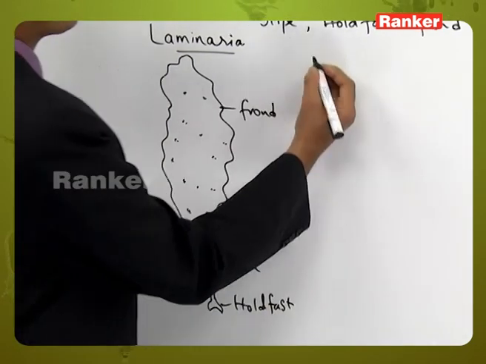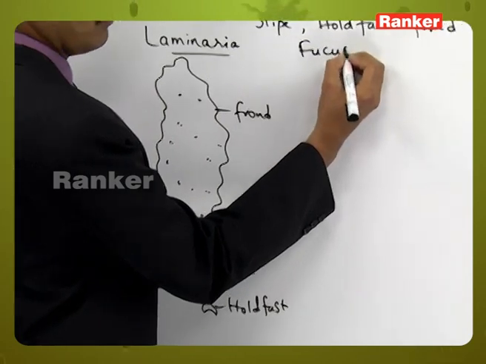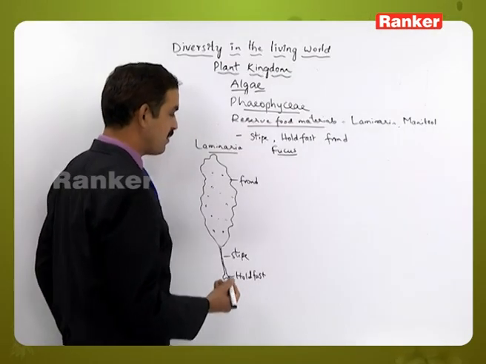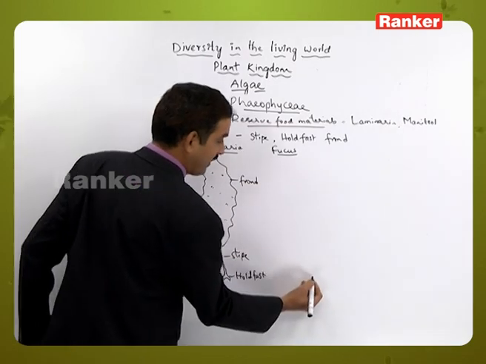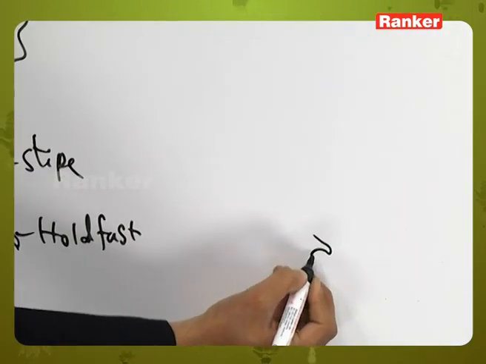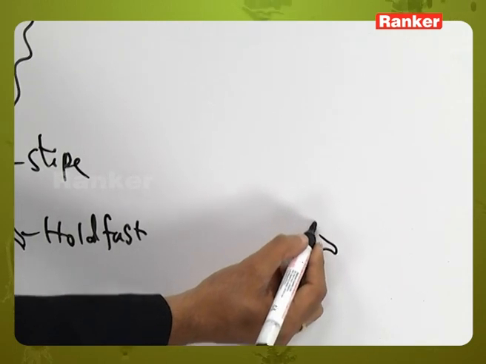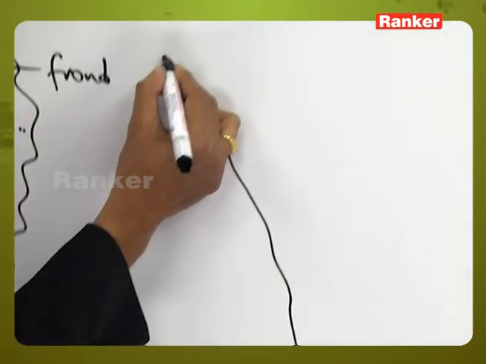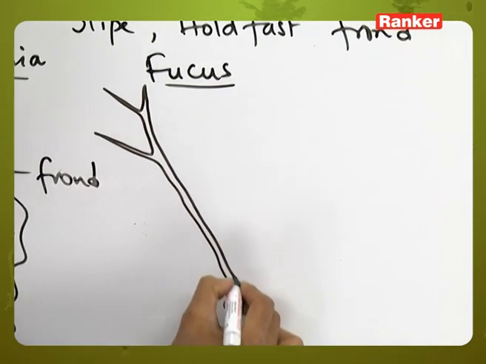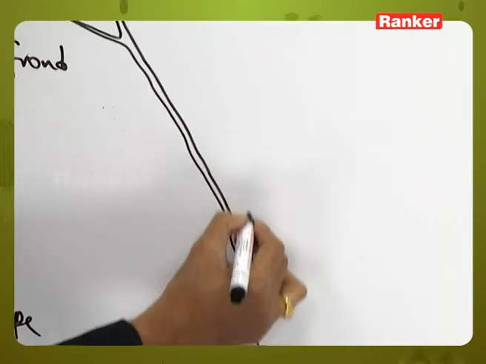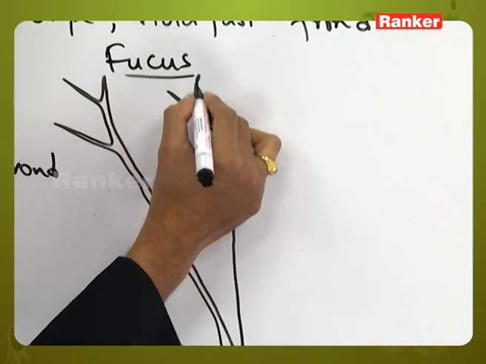Then if you see the structure of Fucus, Fucus also has similar parts, hold fast, stipe and the frond, but in the frond we can see some variation. Here we can see a midrib-like organization also.